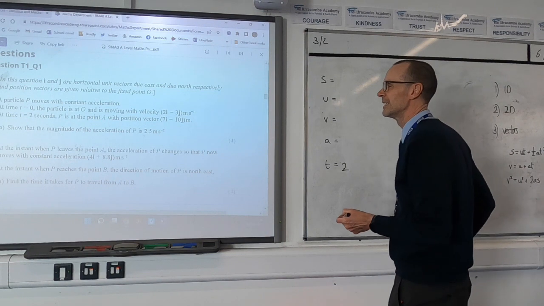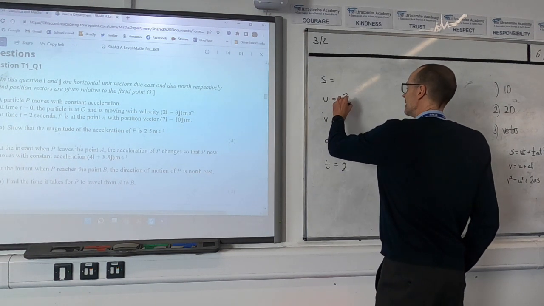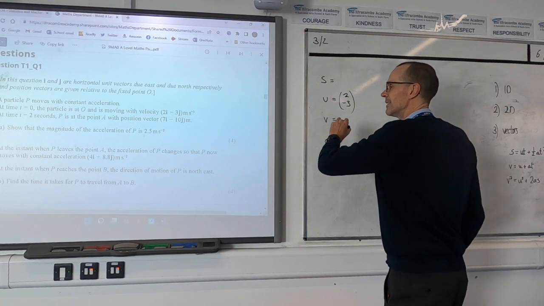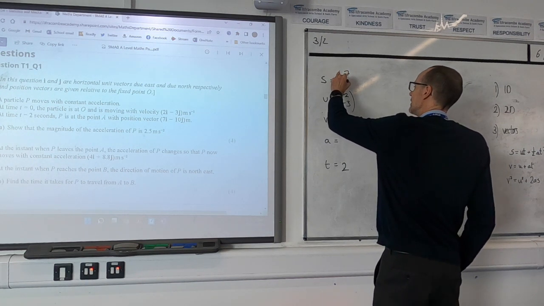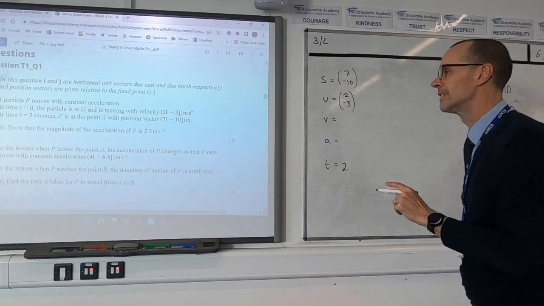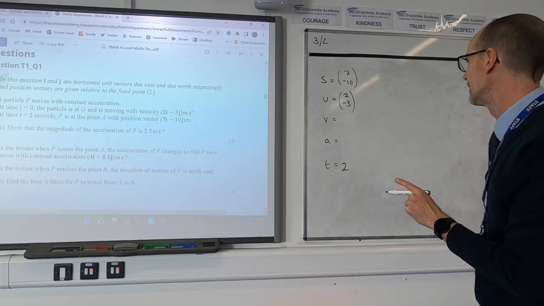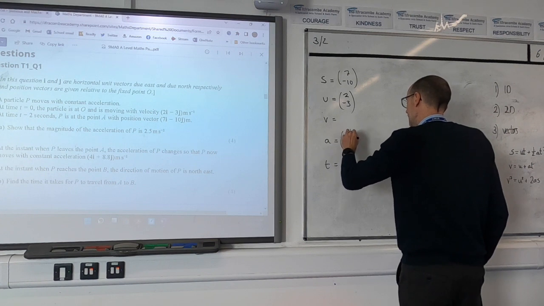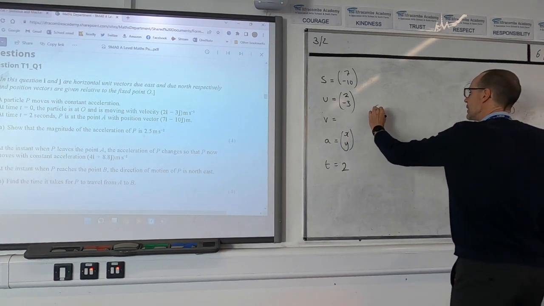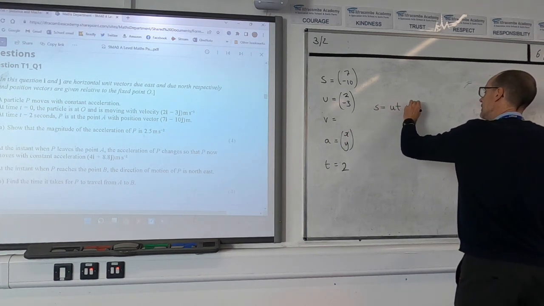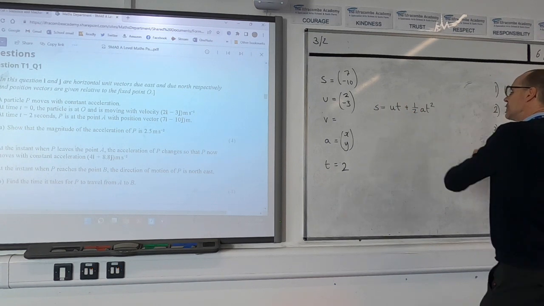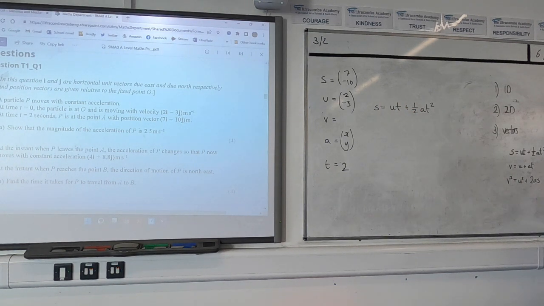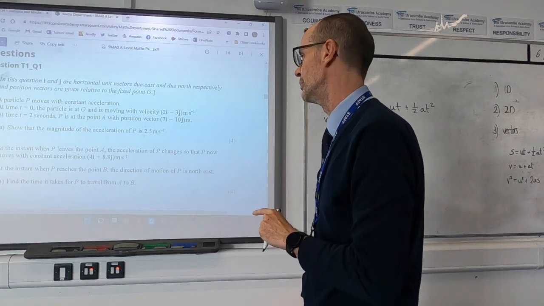Velocity. So I don't know the acceleration, so I'm going to use this to work out the acceleration. That will give me it in vector form, so I'll need to work out the hypotenuse in the hope that I get 2.5 as my answer.